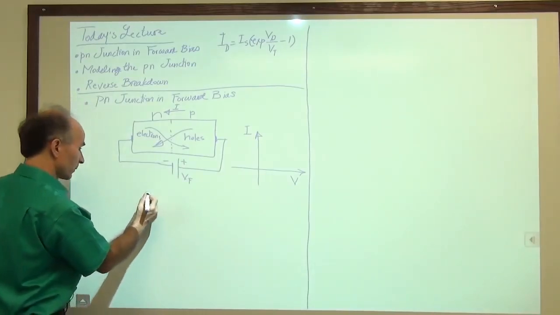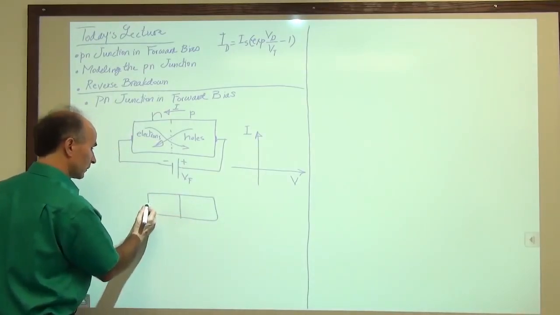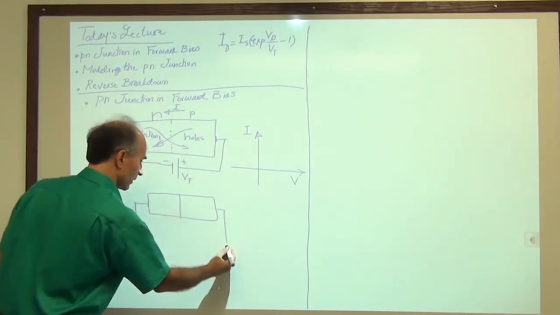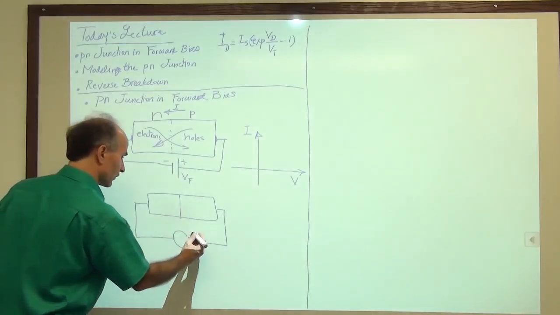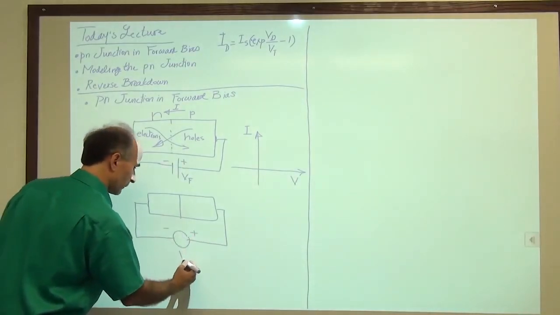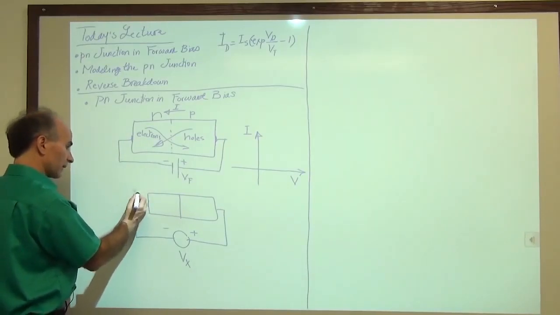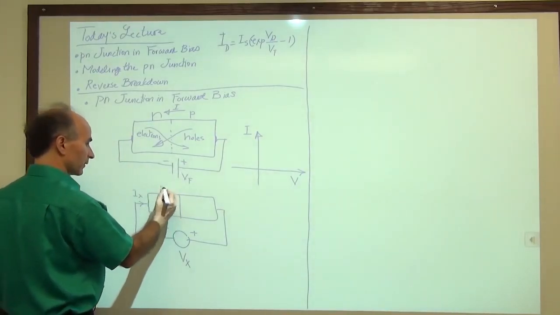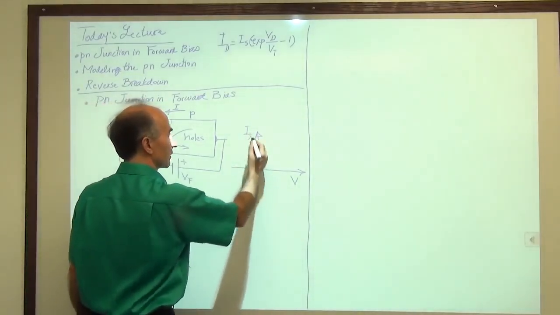Maybe I should actually do it this way to make it very clear without any confusion. So let's take a variable voltage. If you remember an example like this two lectures ago, we take a variable voltage like this and call it Vx, and then we measure this current Ix. And this is connected to N and P. So let's call this Ix and let's call this Vx.